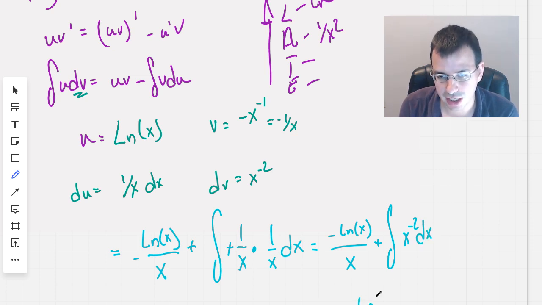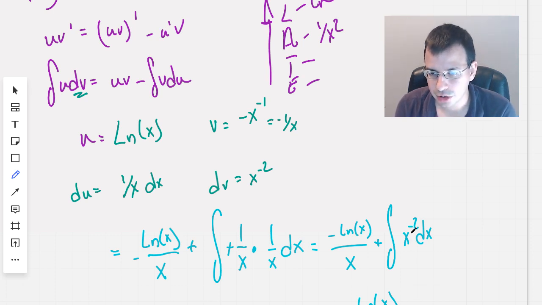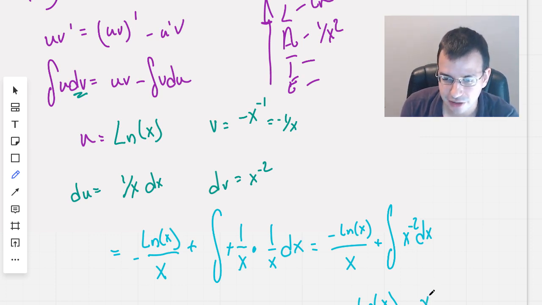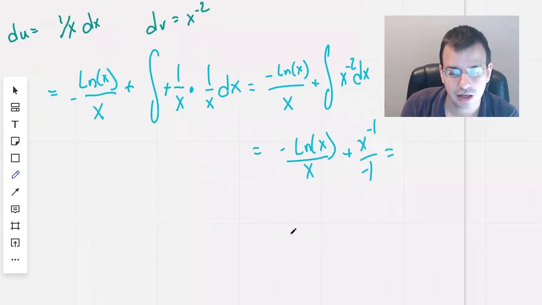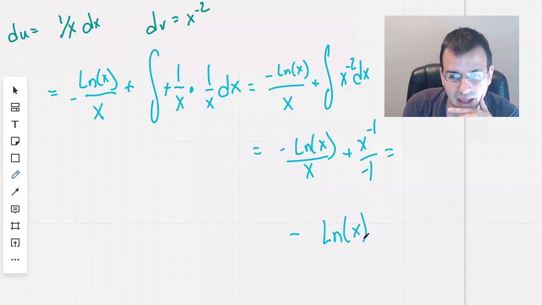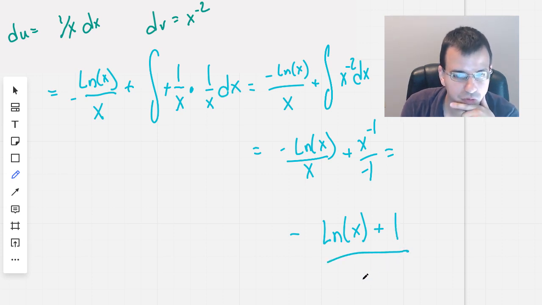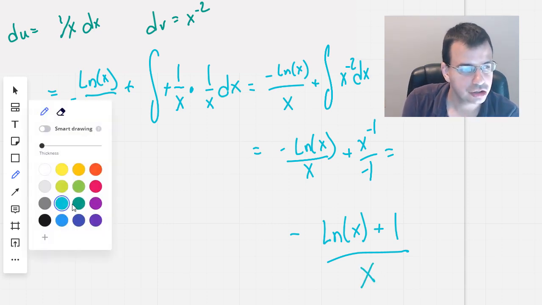Rewriting everything, negative natural log of x over x, plus, okay, x goes to the negative 1 divided by negative 1, and we are left with a total of negative natural log of x plus 1 over x.